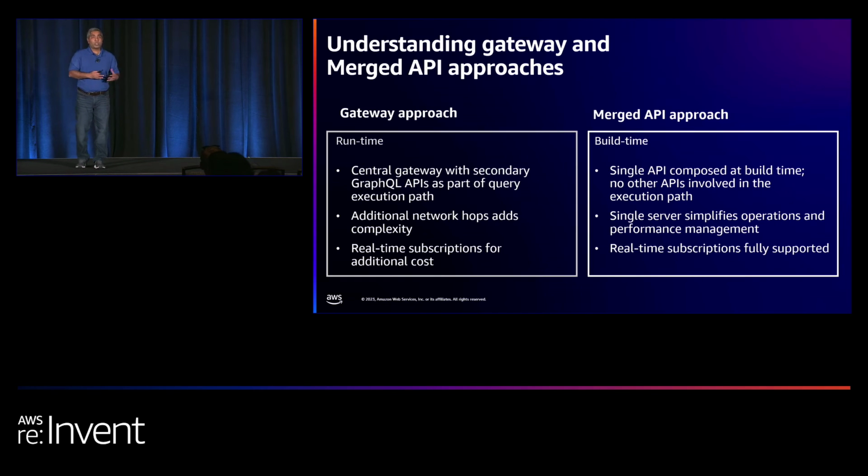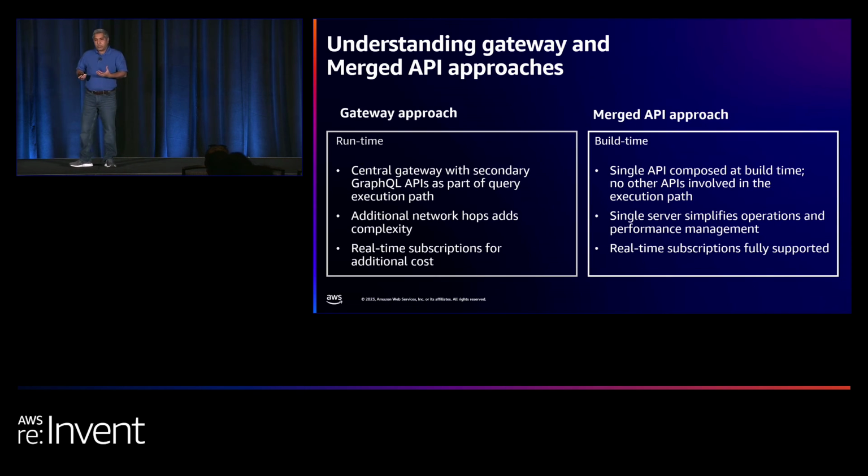There is one more approach called the gateway approach, where you front all these APIs with a gateway or a router. With that, for any incoming execution request, there is runtime decisioning about which source API to pull the data from.